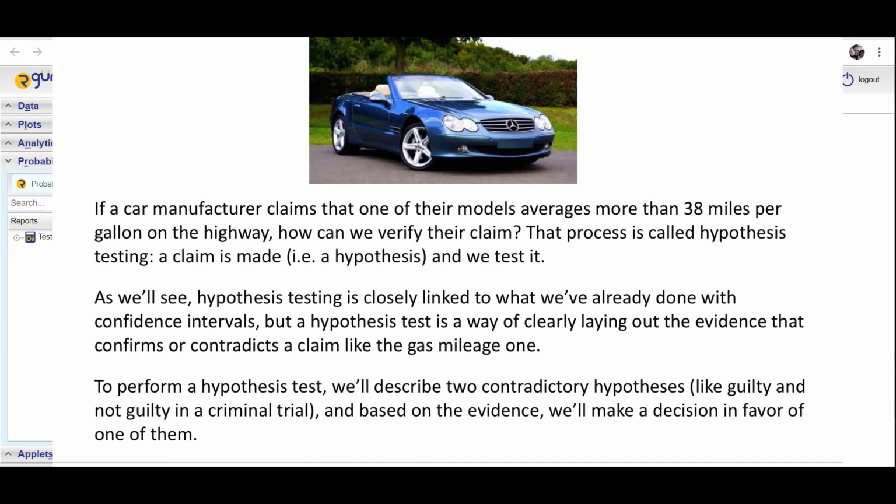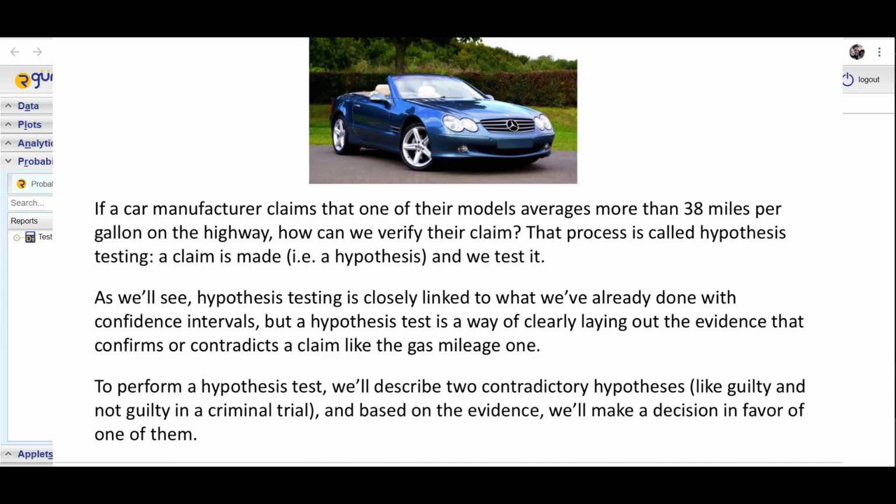Well, it can't be both. Either the defendant is guilty or the defendant is not guilty of the crime. Those are two contradictory statements, and that's what we're going to do with hypothesis testing. Right off the bat, we're going to come out with two statements. They're not the statements guilty or not guilty, but there are some similarities that we'll talk about when we get to those.